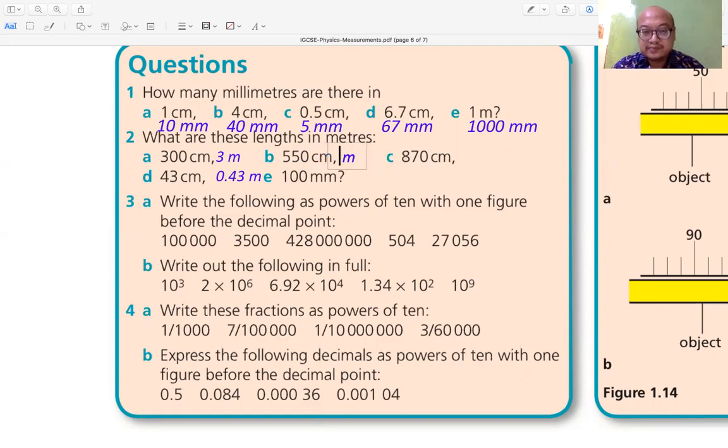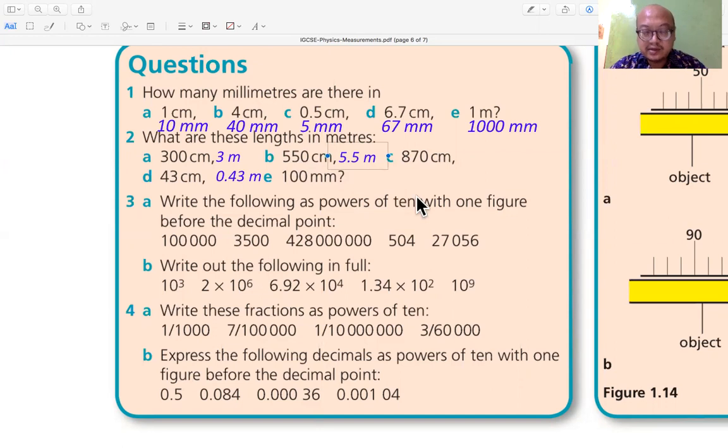Because 1 centimeter equals to 1/100 meter, so 550 divided by 100, same thing with 5.5 meter.